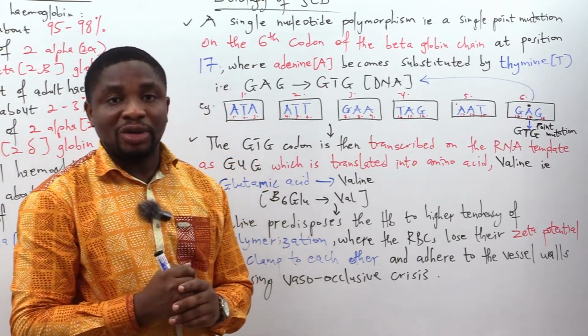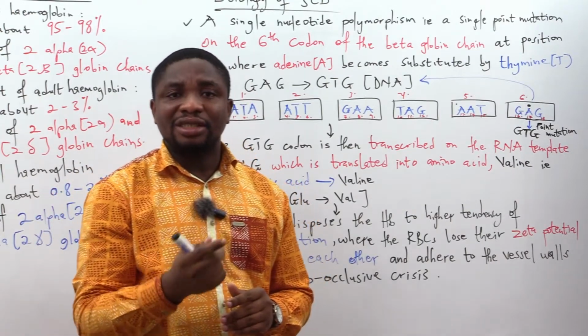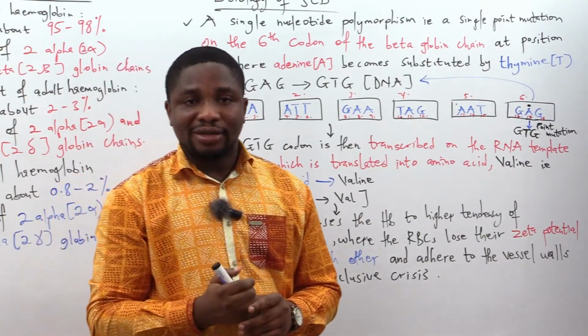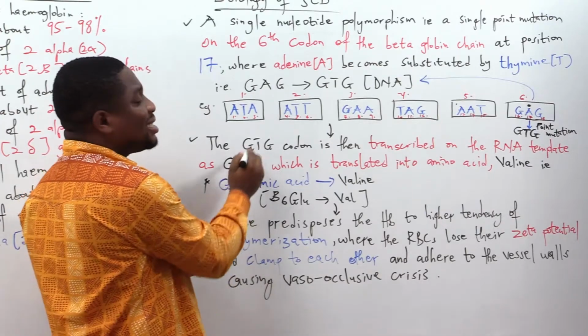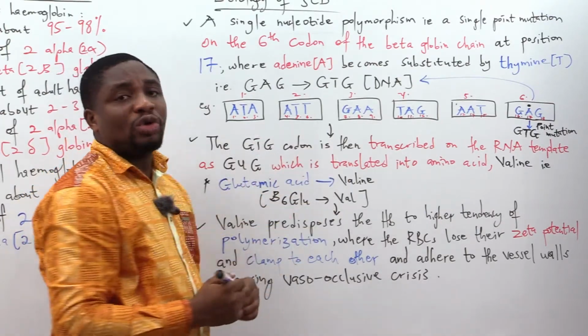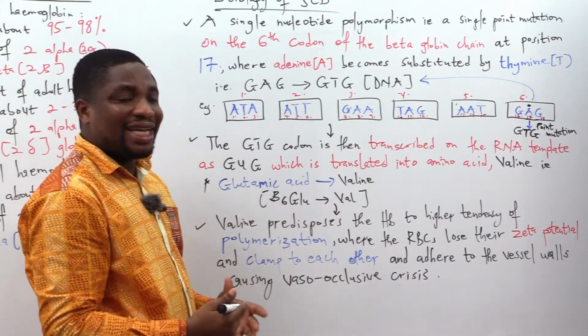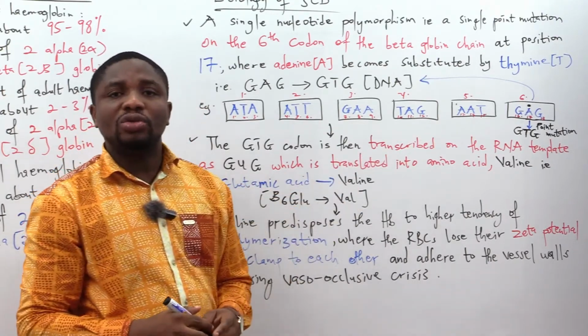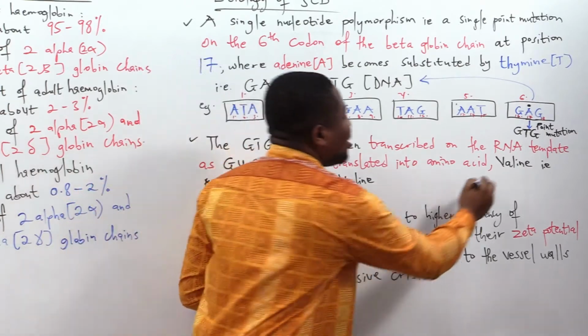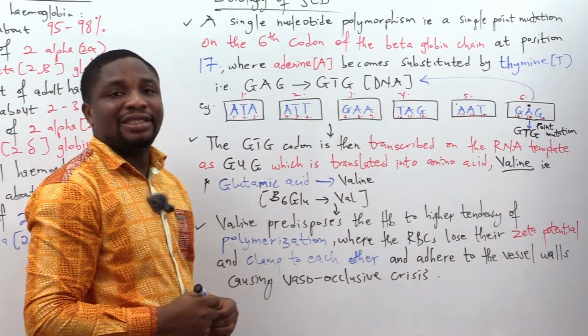In place of thymine, you have uracil. So the GTG, when transcribed onto an RNA template, will become GUG, which then is translated into an amino acid known as valine.